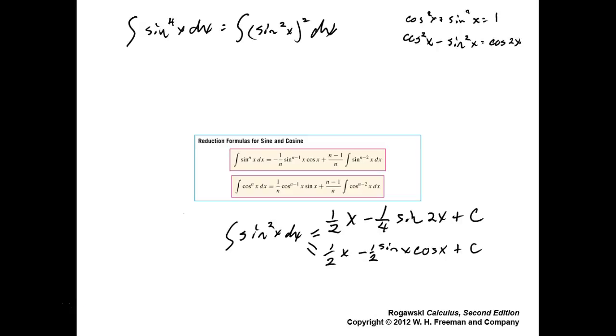Now, rather than using 1 minus cosine squared x, we're going to use what we derived here when we subtracted these, and those disappeared, and we had 2 sine squared x is equal to 1 minus cosine 2x, right?